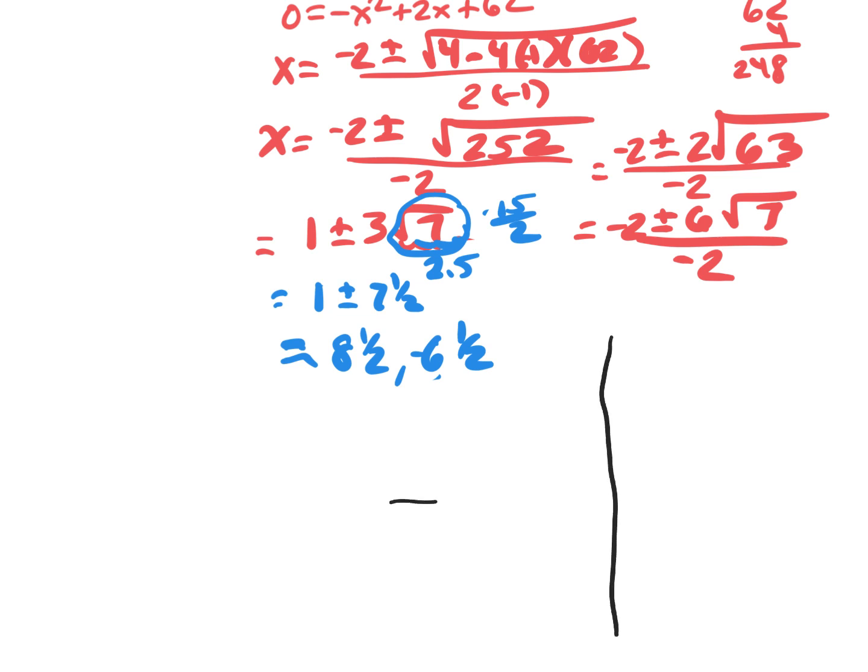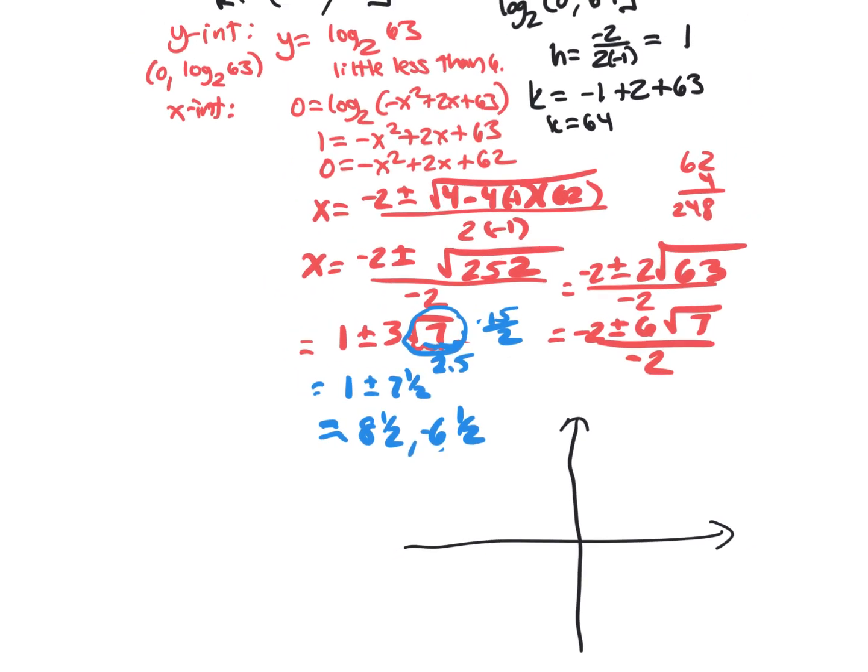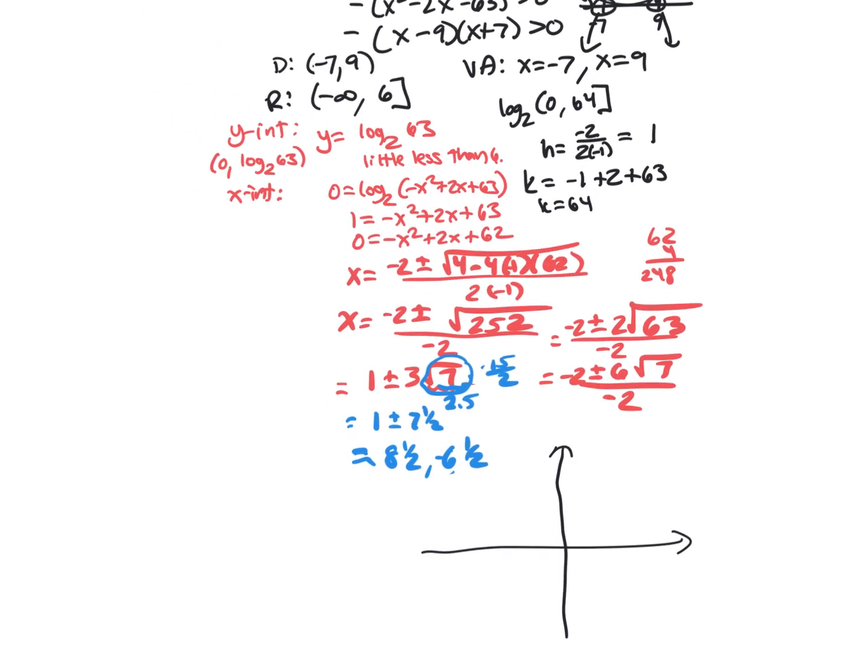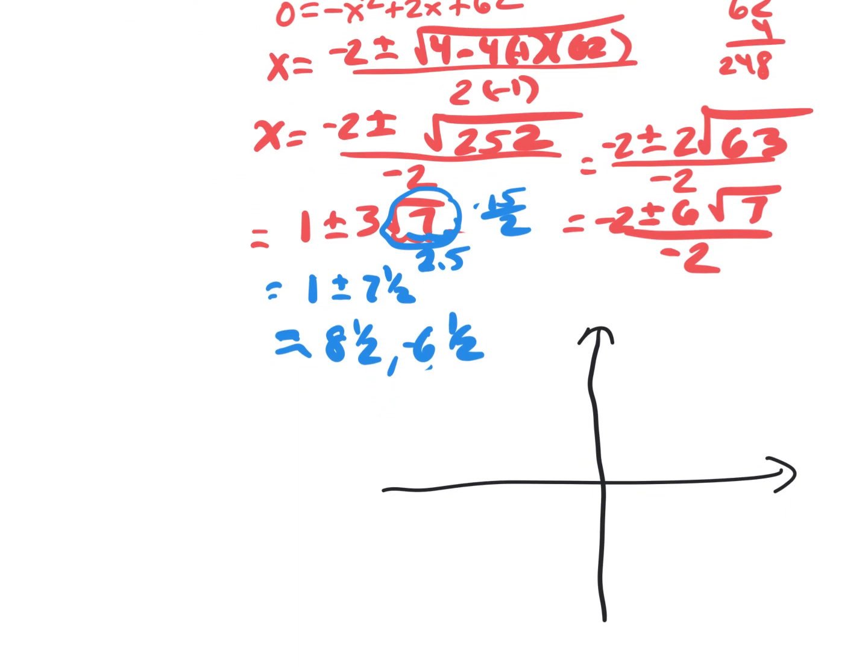So when we put this all together, we said the asymptotes are, let me go back here, at 9 and negative 7. So this is x equals 9, x equals negative 7. We said the x-intercepts are about 8.5, so decently close there, and negative 6.5, all right?